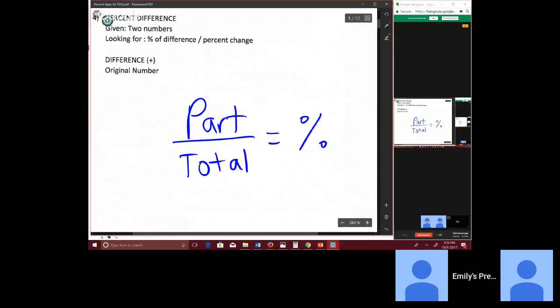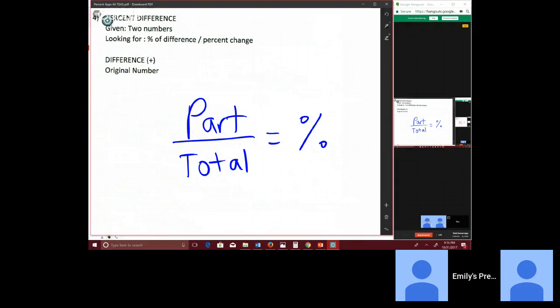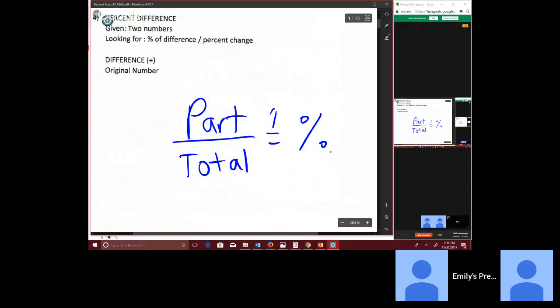Basically, if we really simplify the world down to something as simple as one fraction, everything in the percentage realm is part over total equals percent. It's not exactly that way, so I will clarify something. You won't get a percentage by doing this. What you'll get is a decimal that has to be converted to a percent.